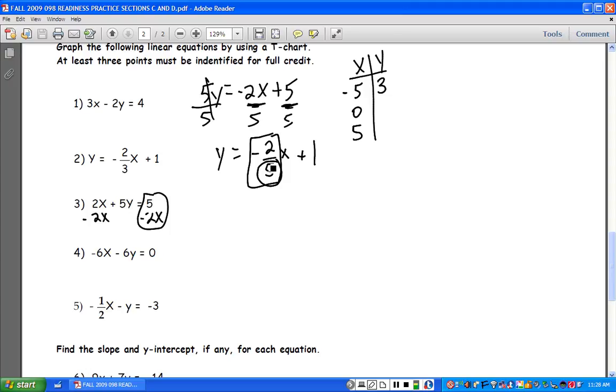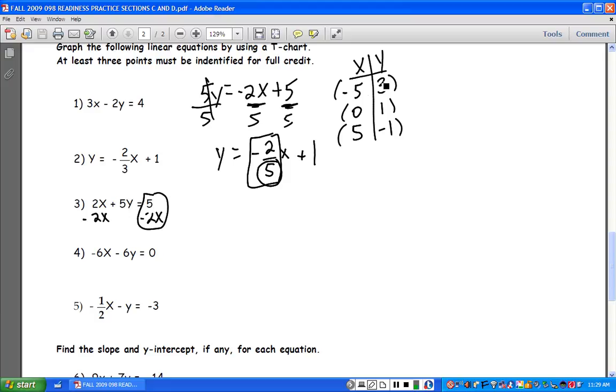Remember, 0 times anything is 0, so y is just 1. Plug in a 5. 5 times -2 is -10. -10 divided by the 5 on bottom is a -2. -2 plus 1 is -1. So we have our 3 points.